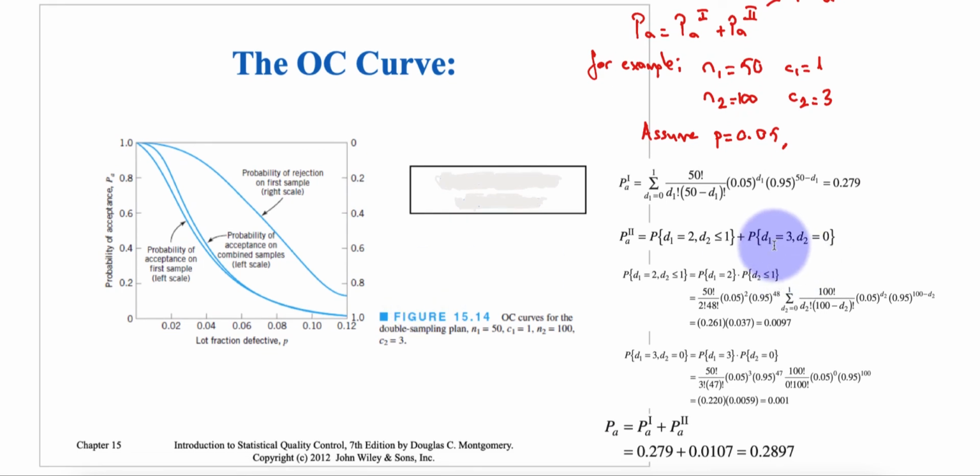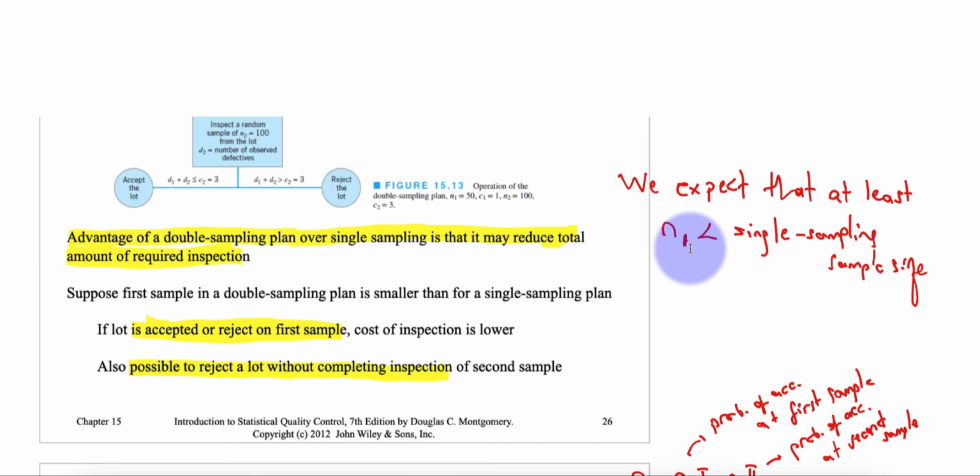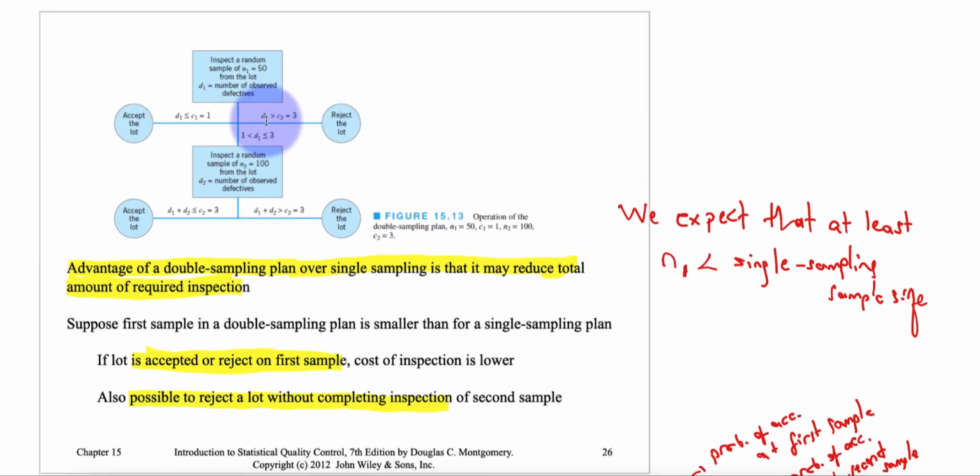In the second case, D1 will be 3. When D1 is equal to 3, we are not going to reject the lot. We are going to take the second sample, right? And when D1 is equal to 3, D2 must be 0, otherwise we will reject the lot.